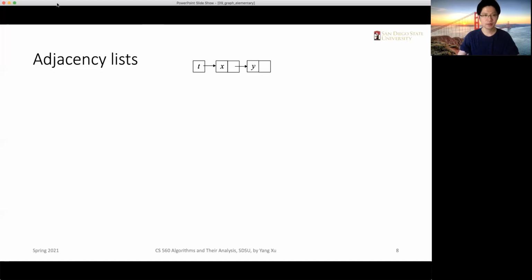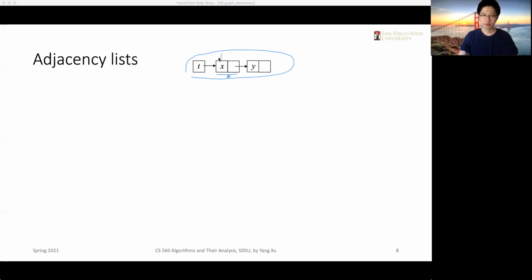Okay. So the data structure here is a typical linked list. It's like the node here in the middle. It has two components.